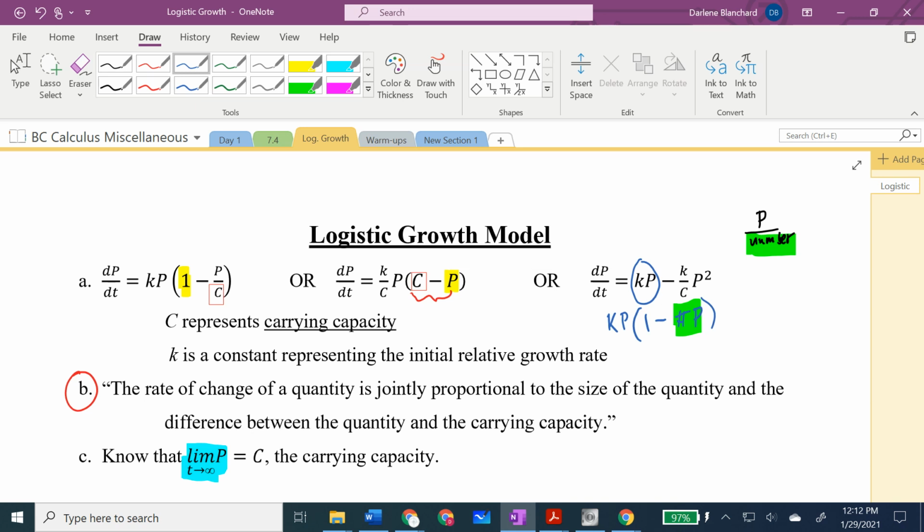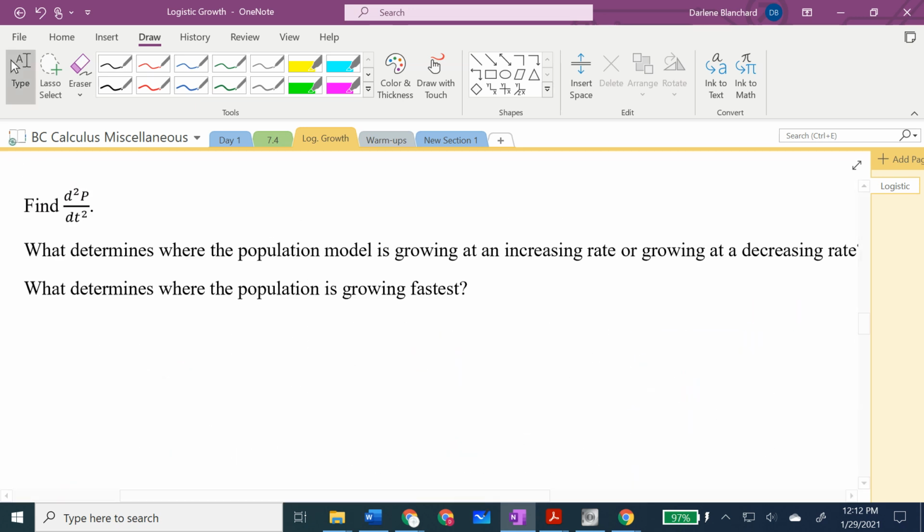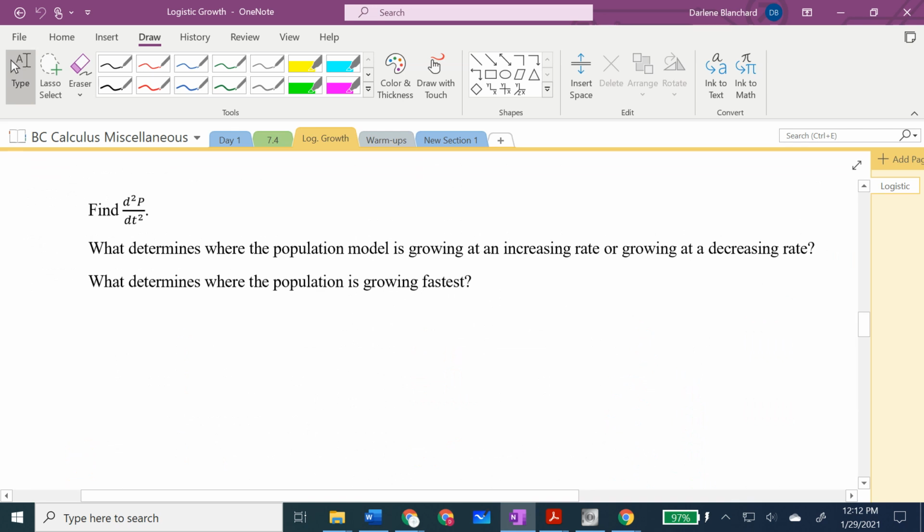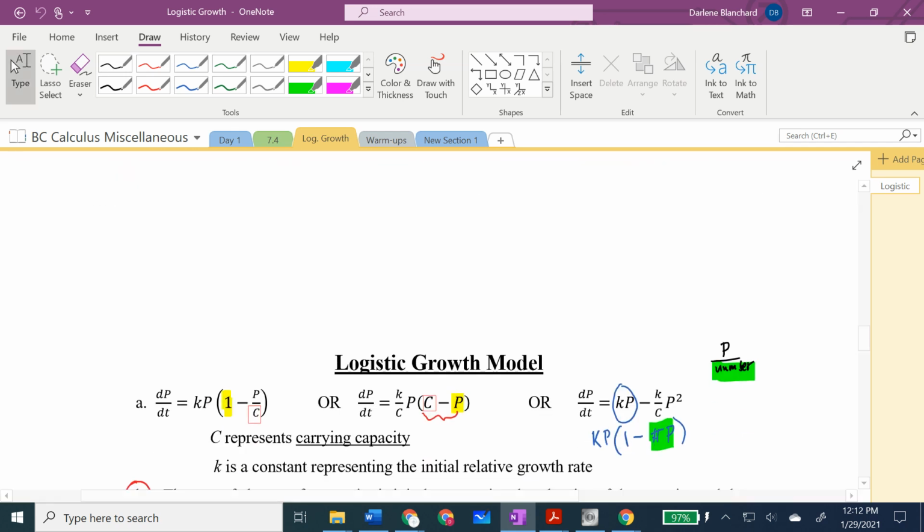Now I'm going to go back over here, because this is another thing you're expected to be aware of. We're going to find the second derivative of the population with respect to time. And we're going to start with this version, because that version is already having the multiplication through, because we don't want to do product rule.